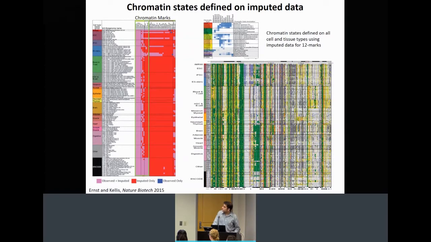And the imputed data had some advantages compared to the observed data because effectively we found it also de-noises the observed data, because oftentimes the experimental data can be based on just one or two potentially noisy experiments. But when you form this imputation, you're combining information from dozens of very closely related experiments.